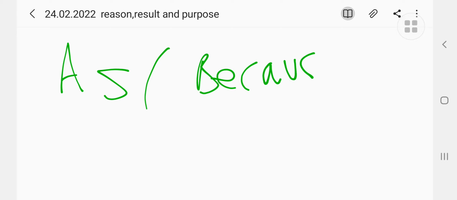Notice that if they go at the beginning, there's usually a comma at the end of the clause. If you put this at the beginning, we have a clause and then a comma.